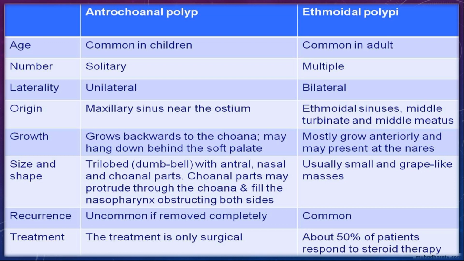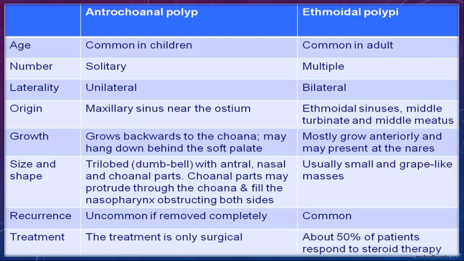Some important points to remember in a case of nasal polyp. First one is, if a polyp is red and fleshy, friable and has a granular surface, especially in older patients, think of malignancy. Second point is, a simple nasal polyp may have a malignancy underneath, hence our polyp should be subjected to histology after removal.